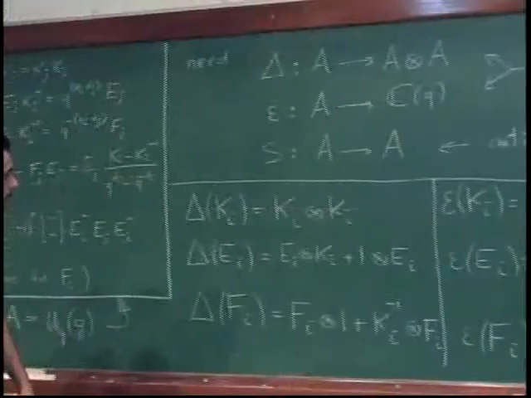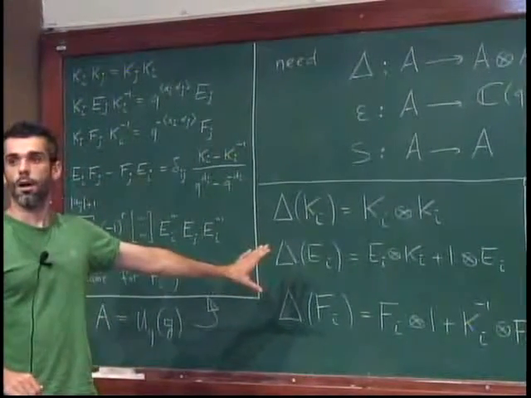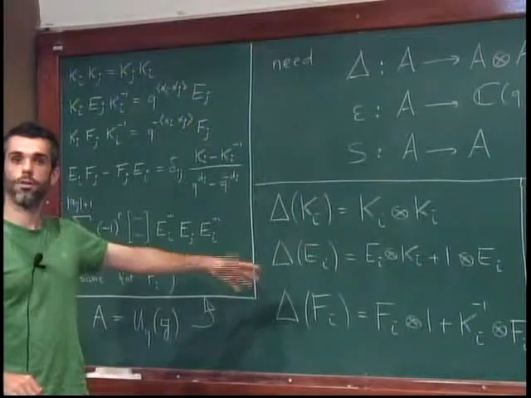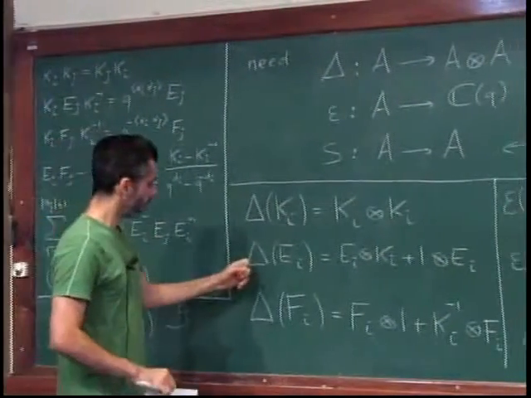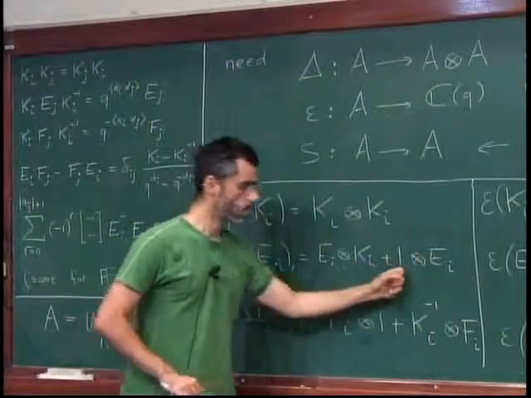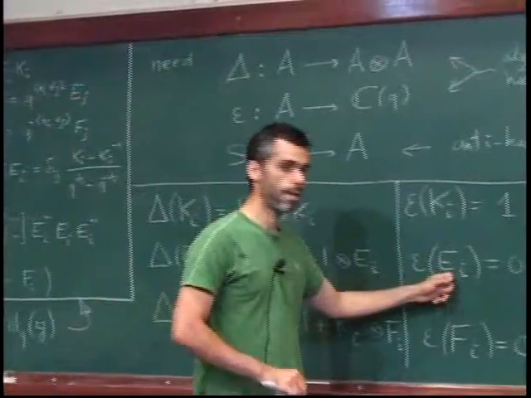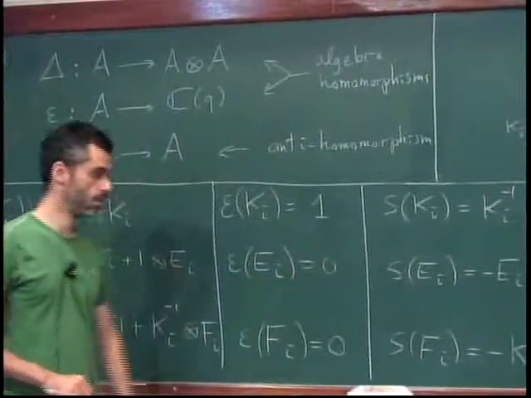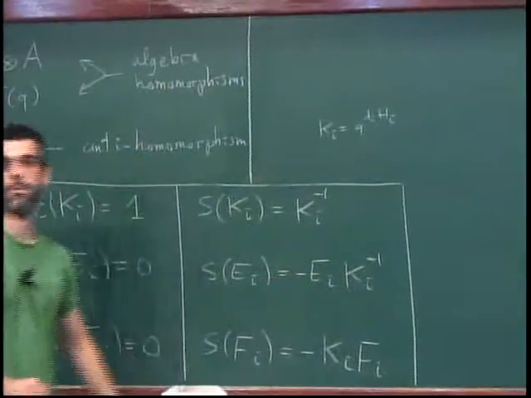So with q equal to 1, you recover the usual Hopf algebra structure on the universal enveloping algebra of a Lie algebra. So delta of a Lie algebra element is that element tensor 1 plus 1 tensor that element. And epsilon of a Lie algebra element is 0. And the antipode of a Lie algebra element is minus that Lie algebra element.